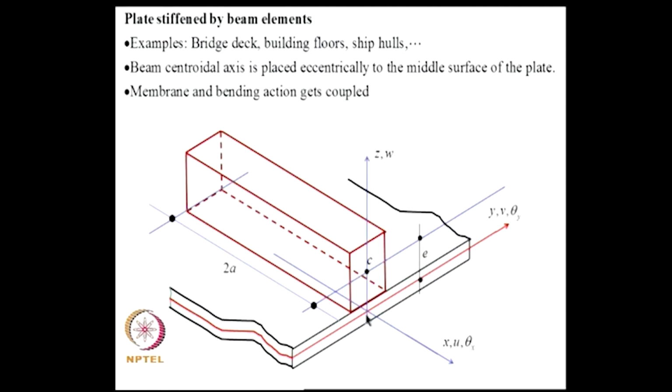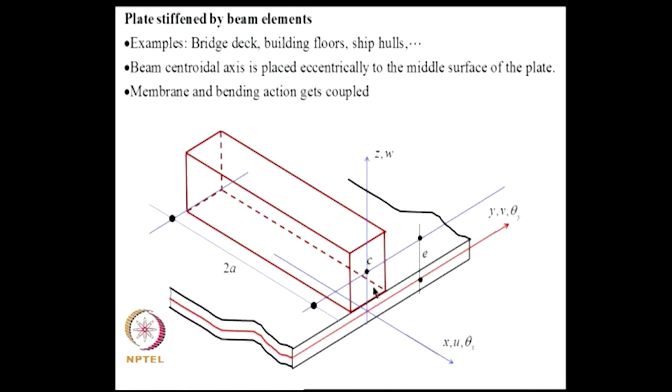Obviously the membrane and bending action of the plate and the flexural action of the beam all get coupled, and correct formulation should be able to handle these details with care. So, how do we do this?